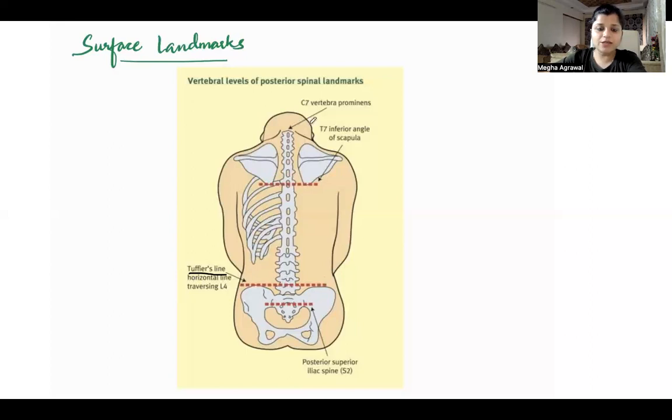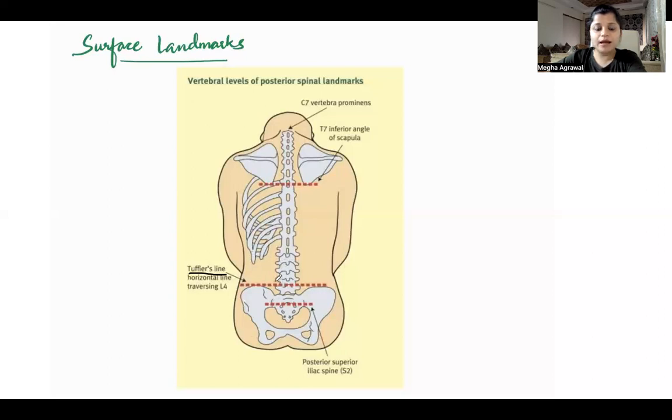Here, the C7 is the most prominent bony knob in the neck. Then the line passing through the inferior angle of the scapula passes through the T7 vertebra, the T7, T8 interspace. Coming down, the 12th rib passes through the L2 vertebral body.